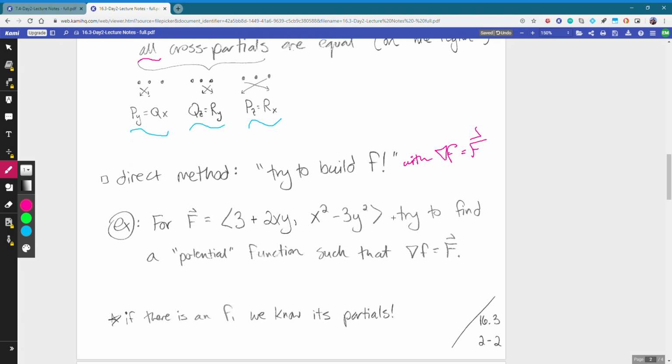Let's try to find our little f potential function, right? That's the language for our little f, such that the gradient of that function is our vector field.